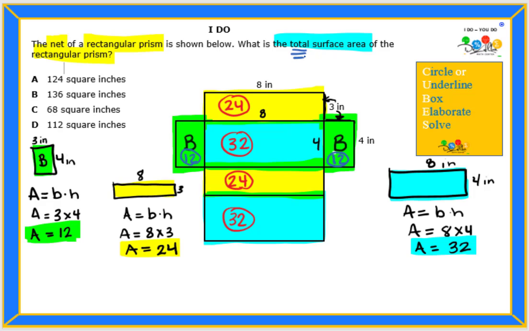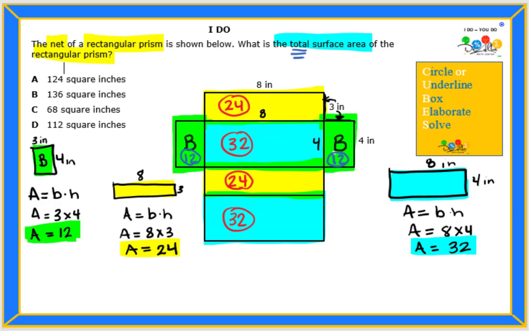I can either add all 6 areas, and I can set up an equation as well. Knowing that I have 2 of each, I can make an equation.